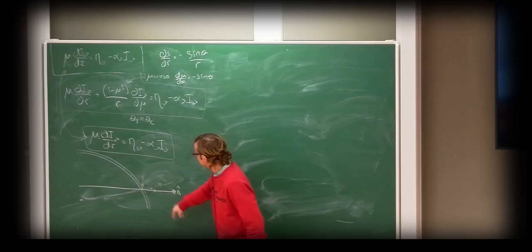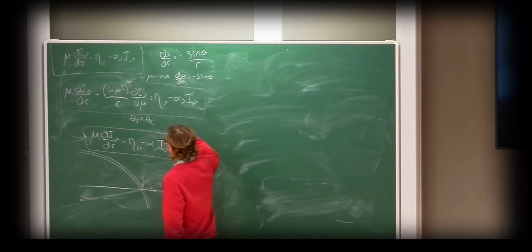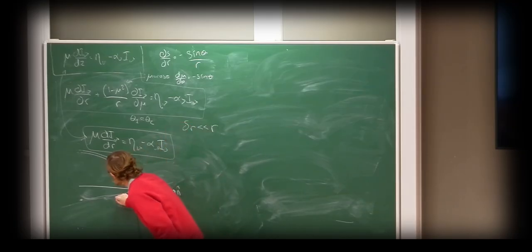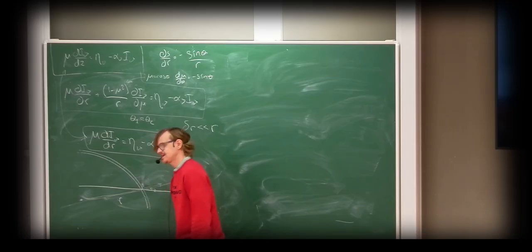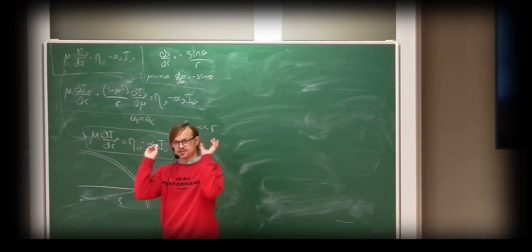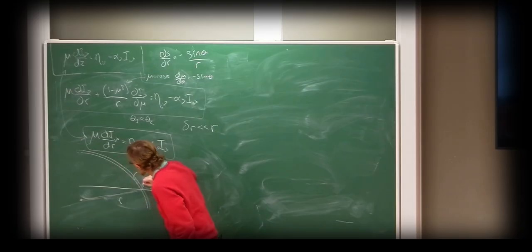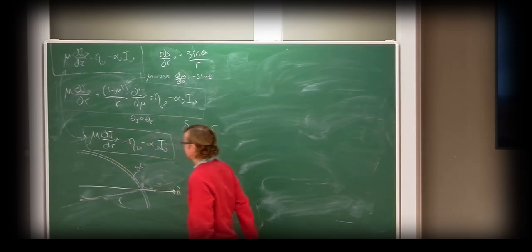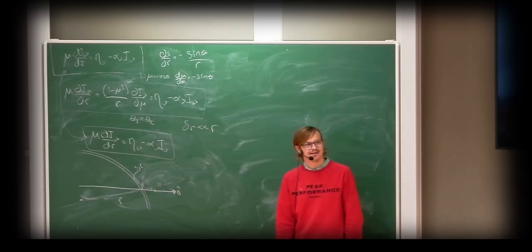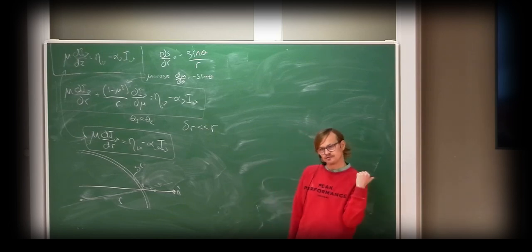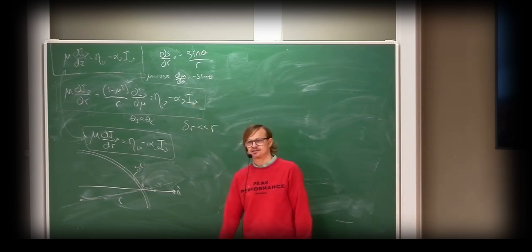Now, you see that the condition that has to be fulfilled for this is that delta R has to be much, much smaller than R, where R is the characteristic radius until the start, say, of your atmosphere. And then this is delta R. If this is not the case, we go back to the first case, we have the variation.